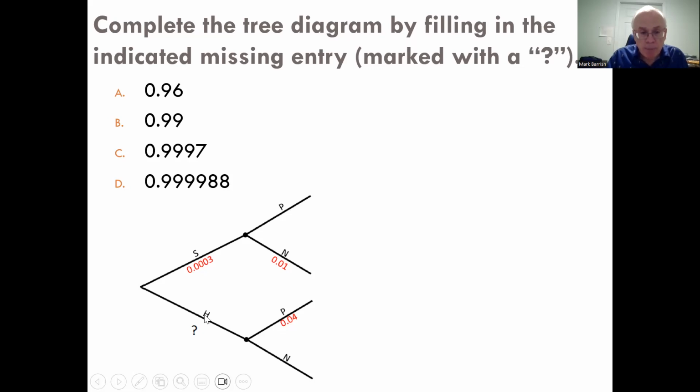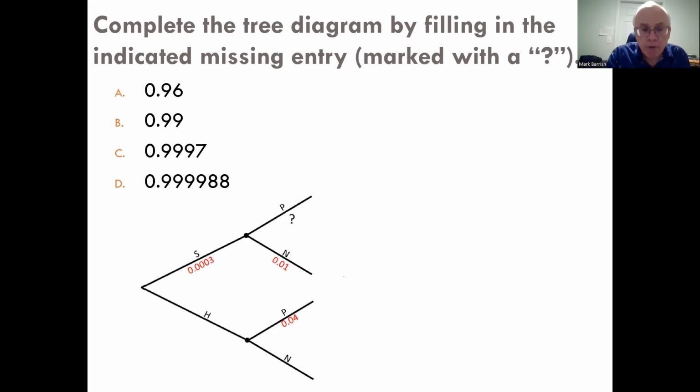And then if you multiply 0.9997 times 0.04, you get the probability that if you select somebody at random, they don't have the disease and they got a positive result. And if you multiply 0.9997 times 0.96, you get the probability that if you pick a person at random and they don't have the disease, they get a negative result from the diagnostic test.